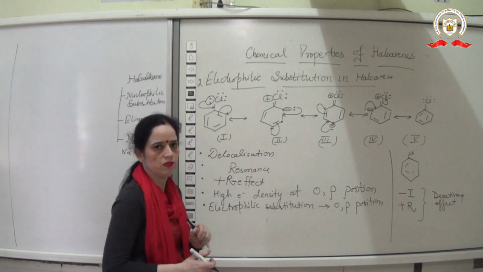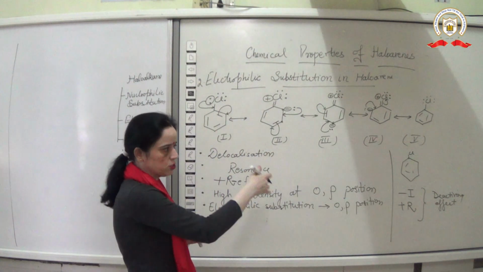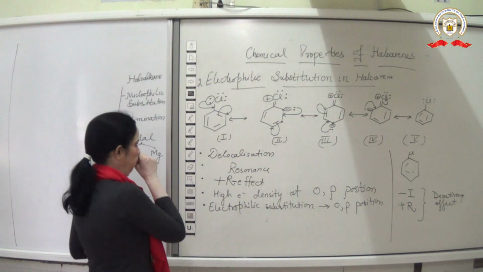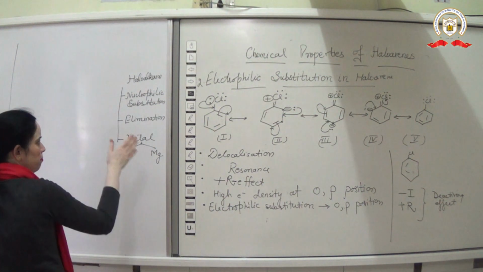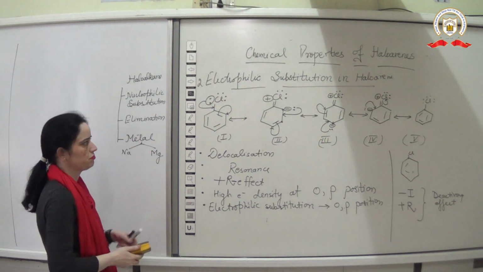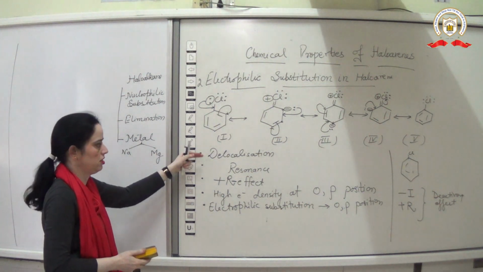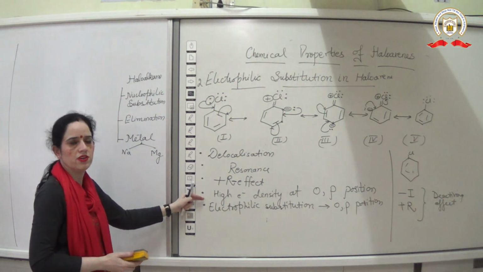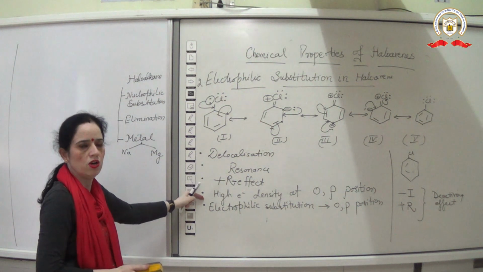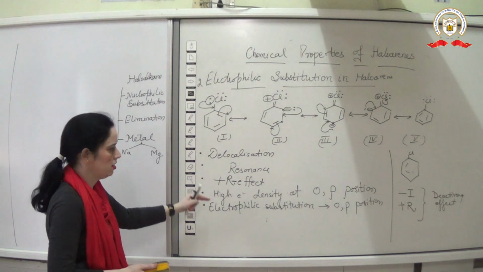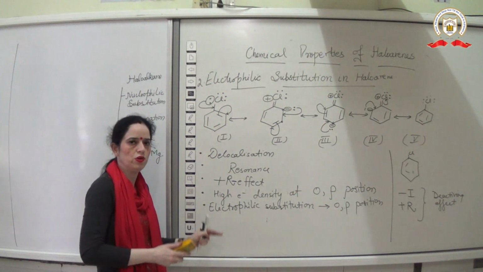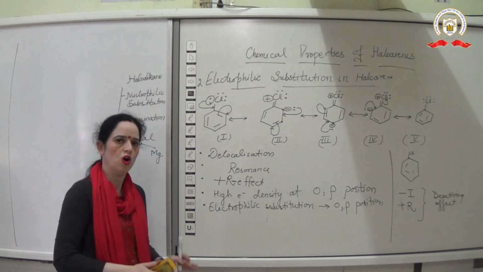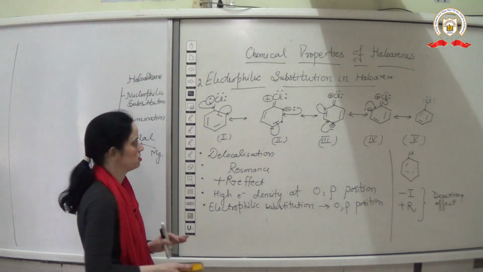A question related to this example deals with this part. So let us take a few examples of the electrophilic substitution. Main part, delocalization. Resonance, which type of resonance? Plus R, giving rise to high electron density at ortho and para positions, and the electrophilic substitution is going to take place at ortho and para positions.